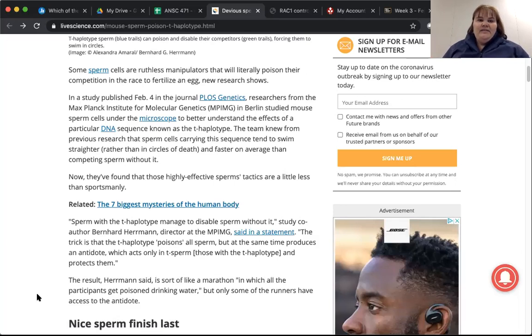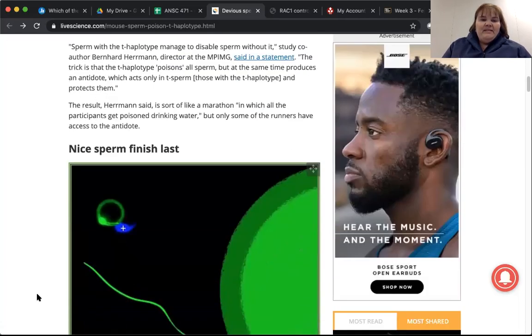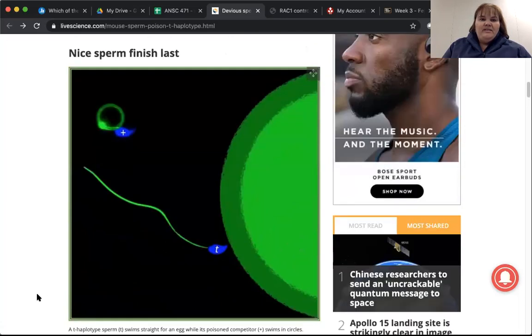This is another example of the greedy sperm cells, the ones that finish first and get to the fertilization point. It's kind of cool the way they are detecting this. They're using a lot of electron micrographs to identify not only the gene involved with this process, but how it is actually affecting these sperm cells.